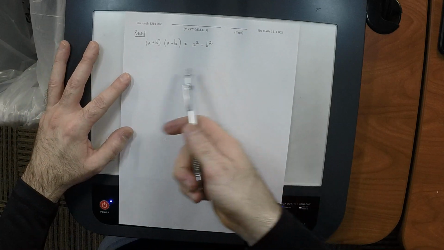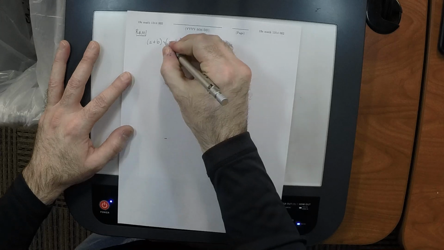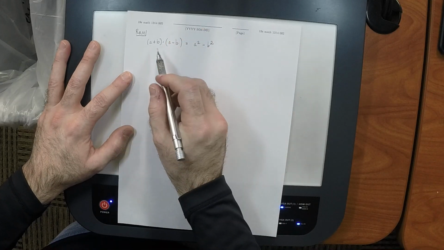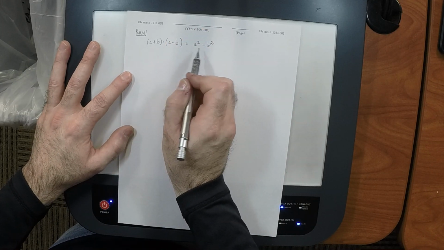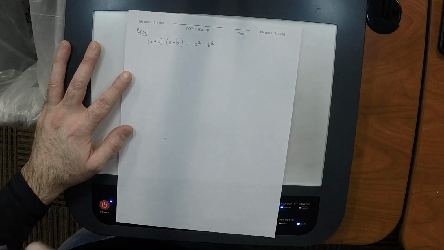A nice way to say it in English is that the product of conjugates is the difference of squares. All right.